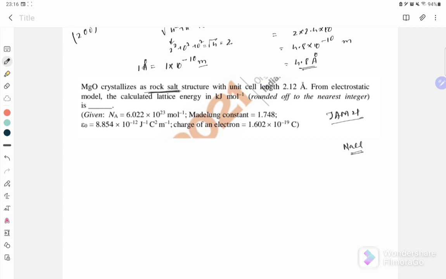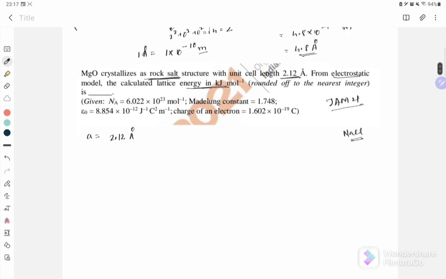We read in our previous video what the structure of NaCl is. The unit cell length a is given as 2.12 angstrom. From the electrostatic model, calculate the lattice energy.